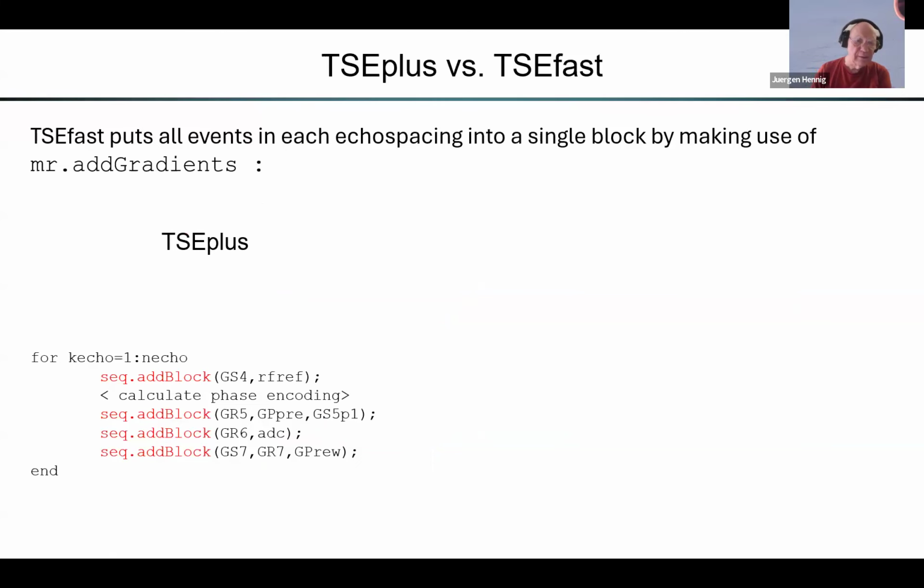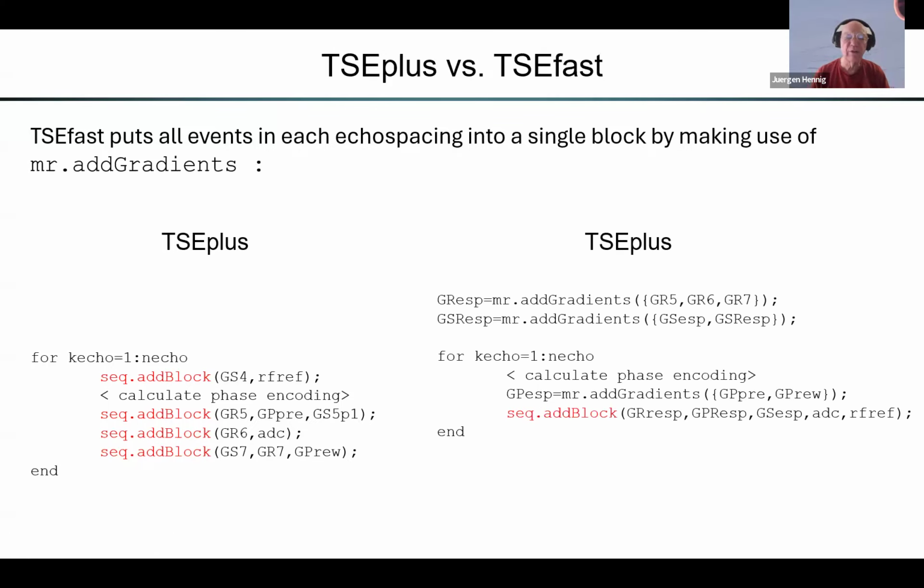How is that implemented? If you let the gradients overlap, then the typical block structure doesn't really work anymore. So in the TSE Plus, you have the refocusing pulse, you have the phase encoding and spoiler, you have the readout and the phase encoding rewind.